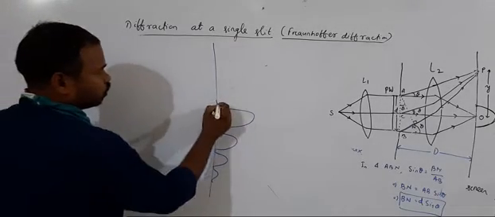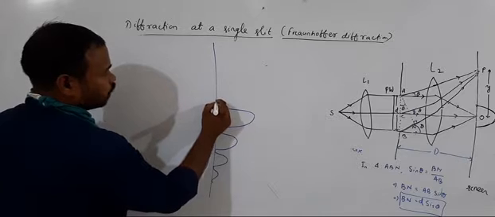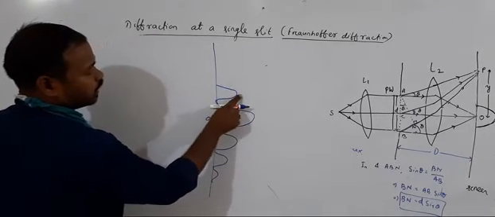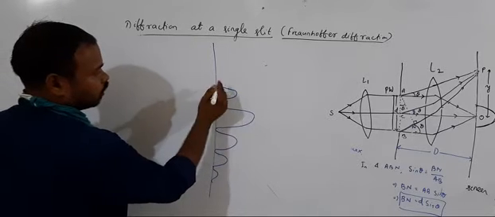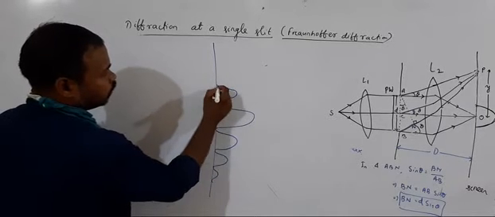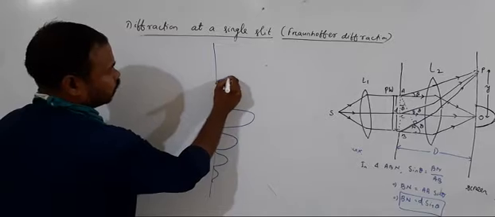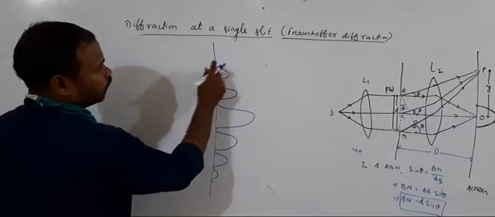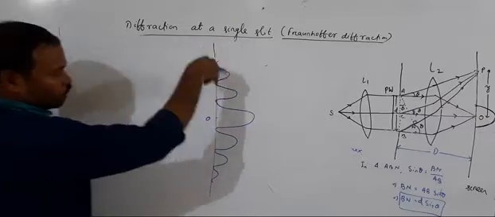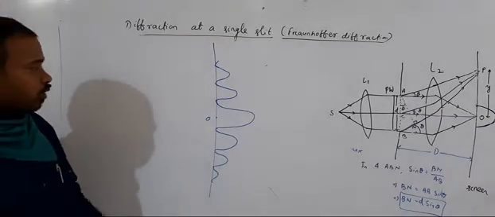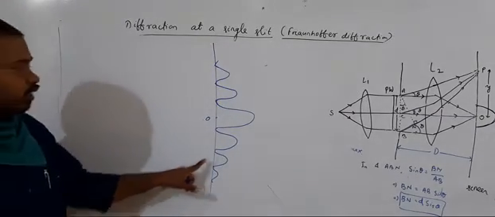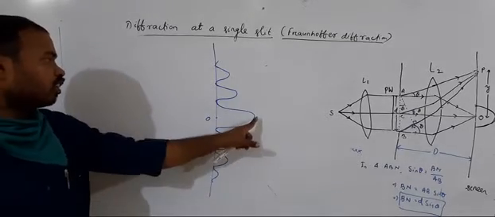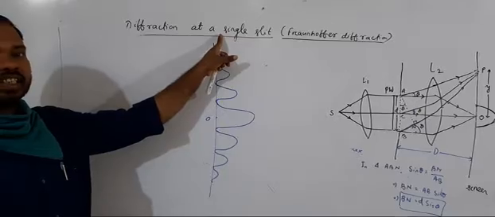On this side also first secondary minima, then first secondary maxima, then second secondary minima here, then second secondary maxima, then third secondary minima, and so on. From the graph, what will we conclude? The intensity of maxima gradually decreases away from the center on both sides of the screen.